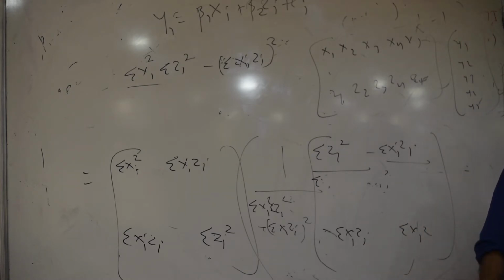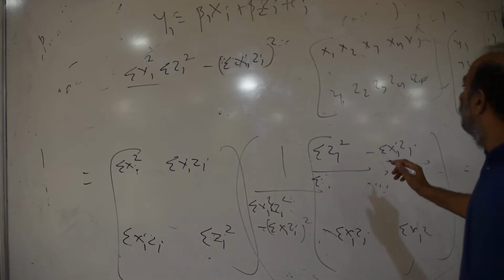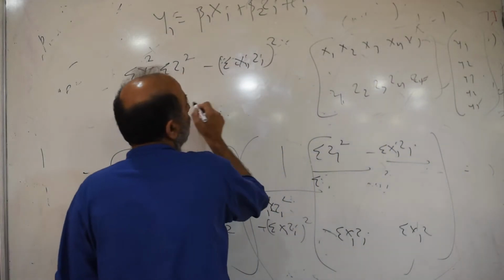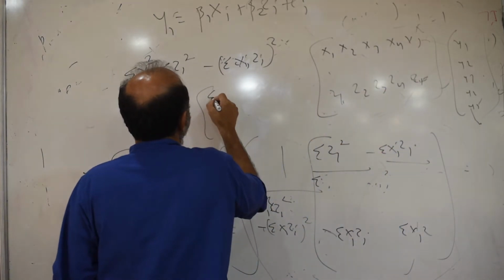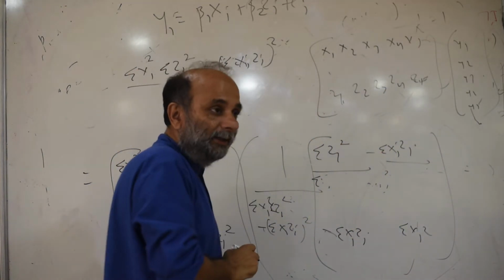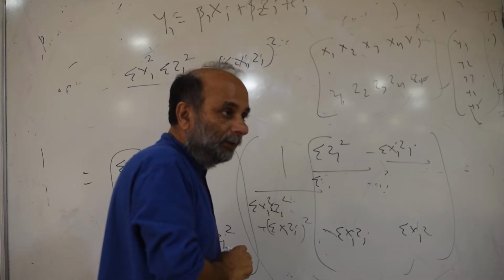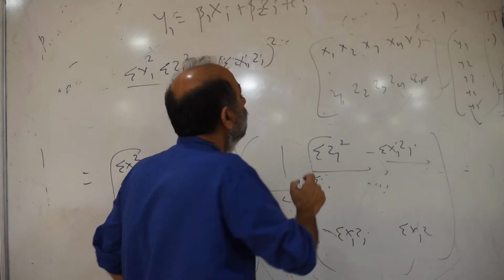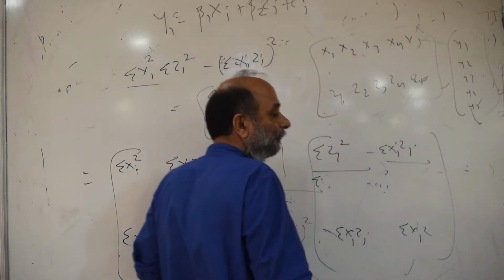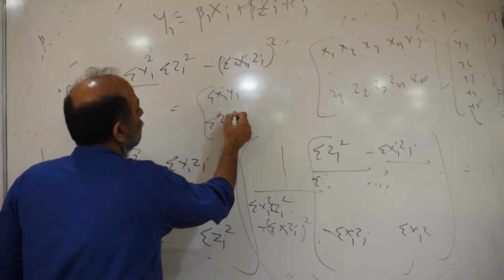Right? So x transpose y will be this into this, which will be summation xi yi, x1 into y1 plus x2 into y2 plus x3 into y3. And this into this will be summation zi yi.